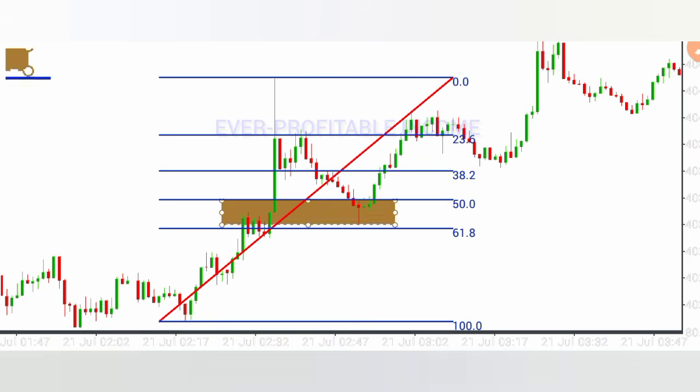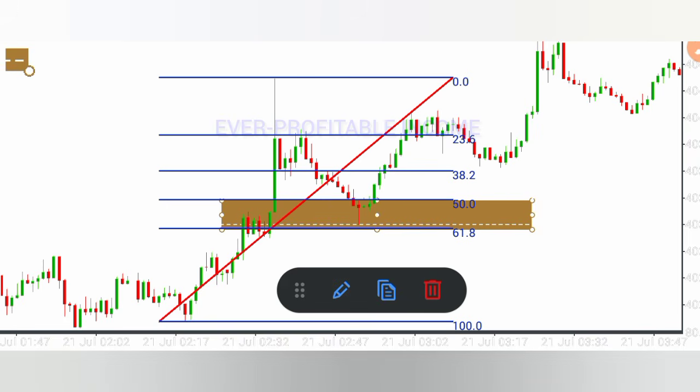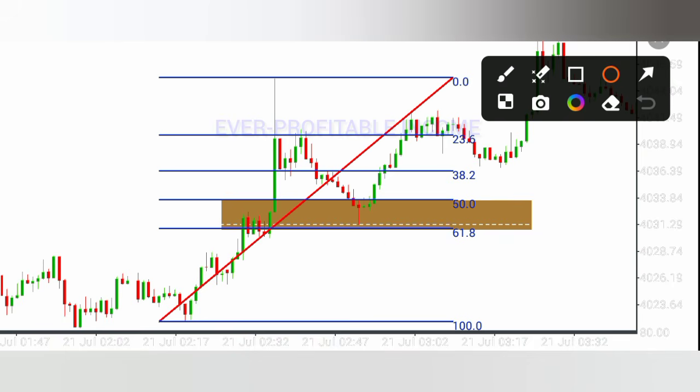The 50 towards the 61 area, guys. Can you see that the retracement happened up to that zone and then it started going up? The retracement happened all the way to our gold zone, and then it started going upward.